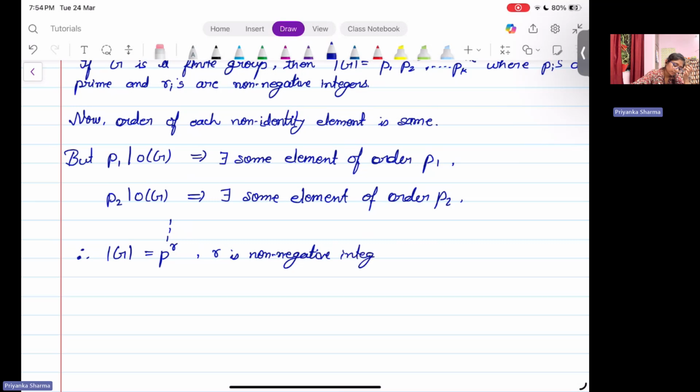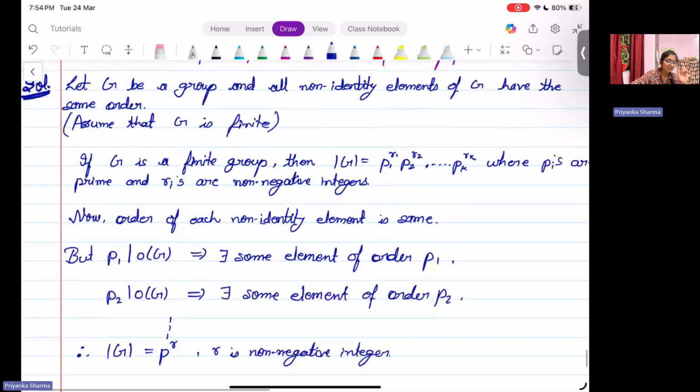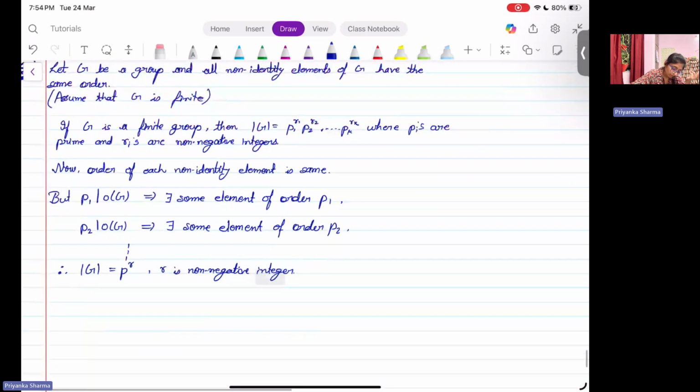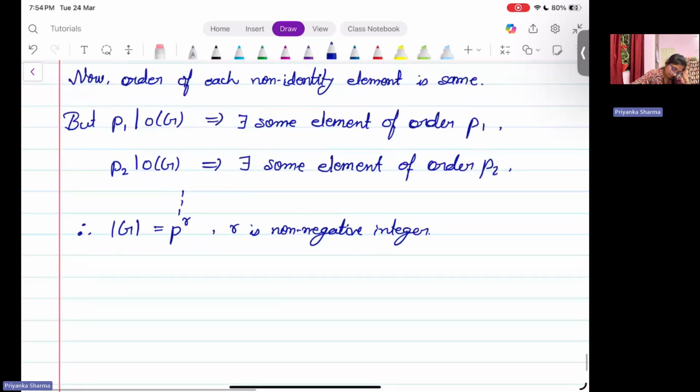For integer 0, this is trivially true, as there is no non-identity element. So their orders are the same actually. Okay, now what if this is a positive integer?